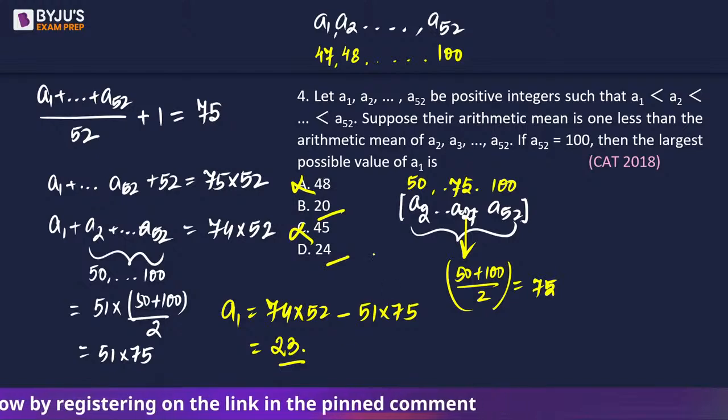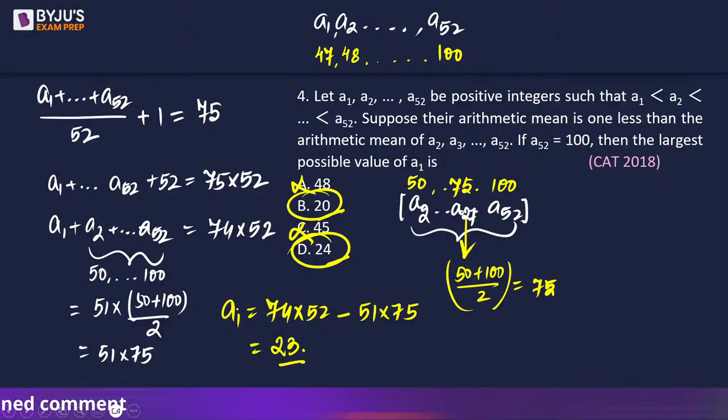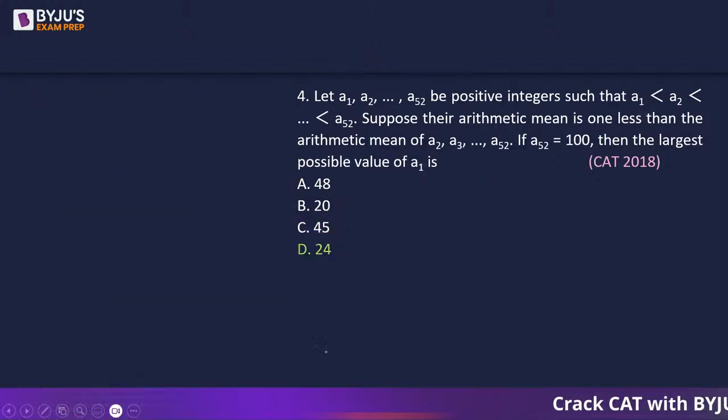So looks like there is a typo. Either option B should have been 23 or option D should have been 23. Right? 23 is what we are getting. Okay, 24 is written, it should be 23.